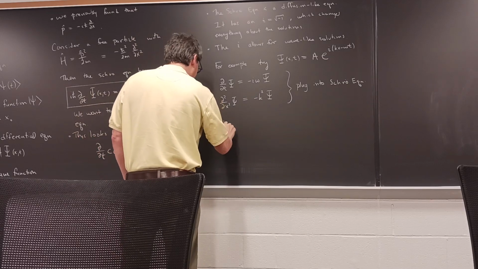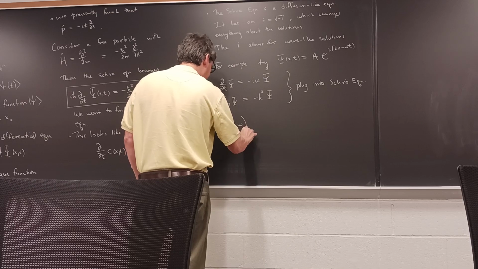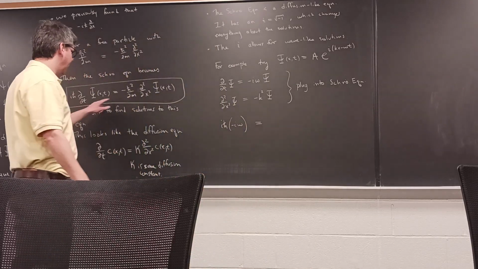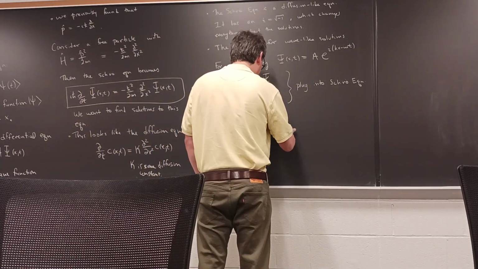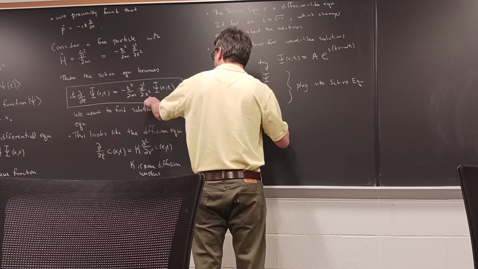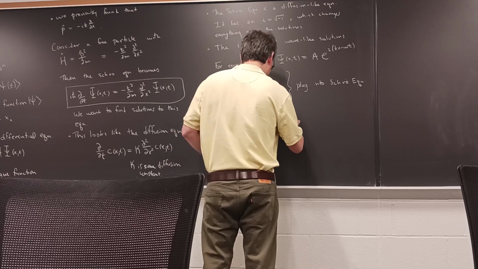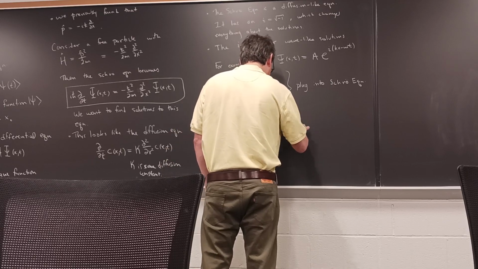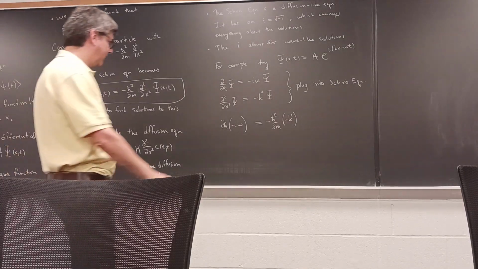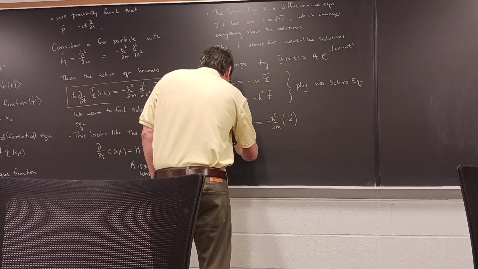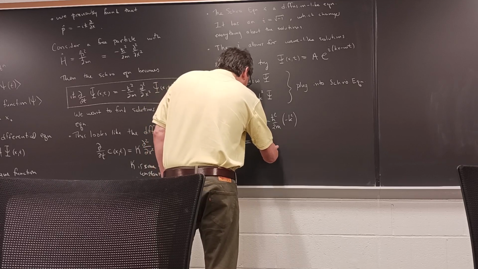We'll have i h bar times minus i omega on the left-hand side, and on the right-hand side we'll have minus h bar squared over 2m times the second derivative of psi, which will be minus k squared. Okay, so we have h bar omega is equal to h bar squared k squared over 2m.